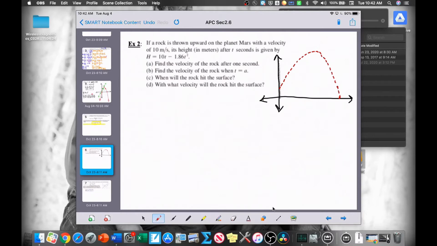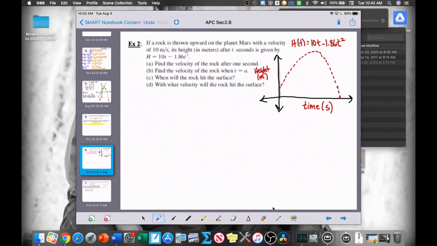Okay, where this axis, our x-axis, is going to be our time, and in this case, they told us time was in seconds. And this axis over here is going to be our height, which they told us was in meters. And this parabola represents the function h of t is equal to 10t minus 1.86 t squared. Okay, so this function gives us the height of the rock that we threw after any t number of seconds.